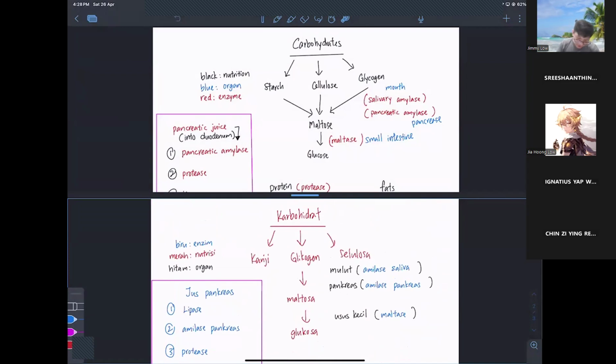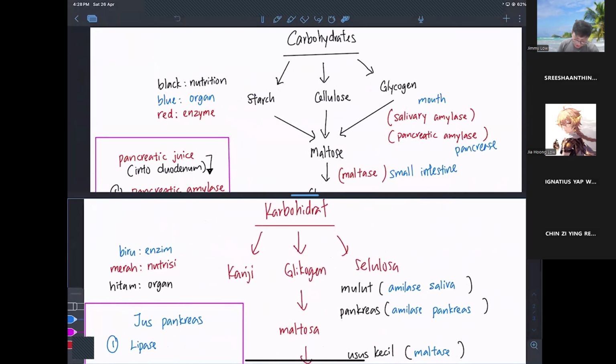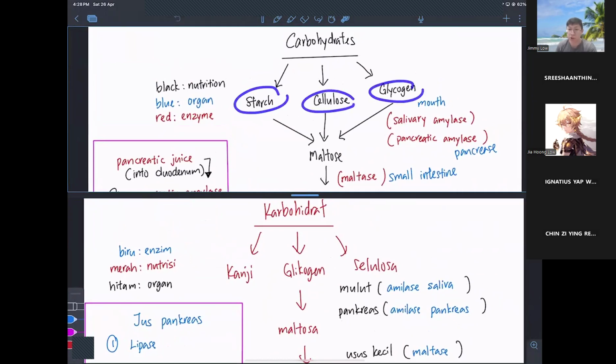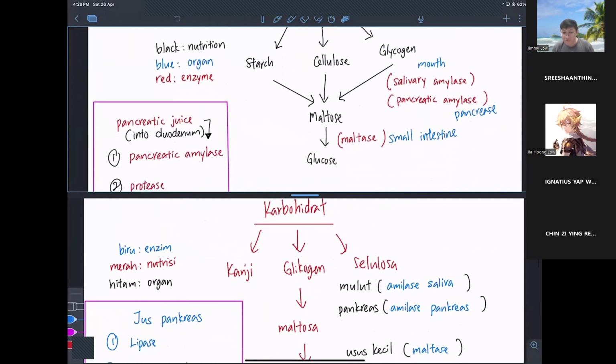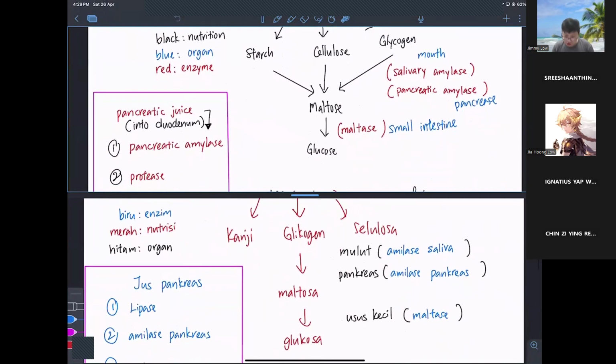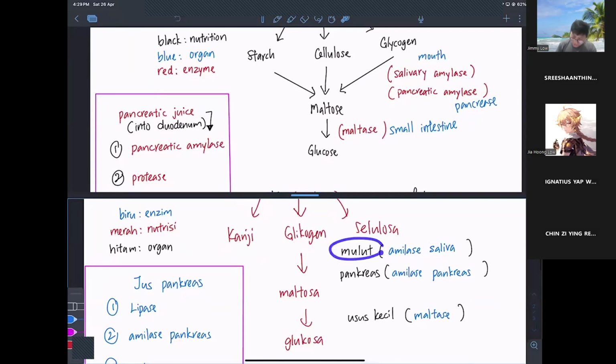All right. So for example, carbohydrates. Carbohydrates have three classifications: starch, cellulose, glycogen. When it comes to here, the first phase of digestion of your starch happens in your mouth.